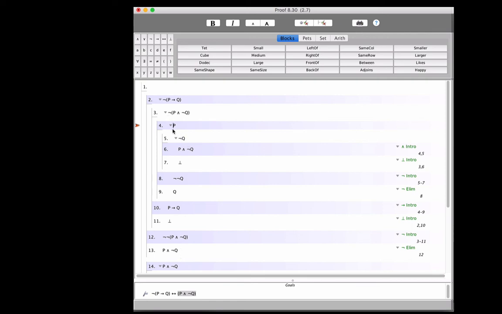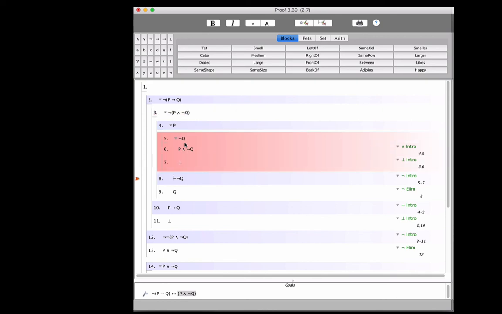So let's assume we have P. Let's further assume we have not Q. Let's conjoin the two to get P and not Q, which contradicts line 3.